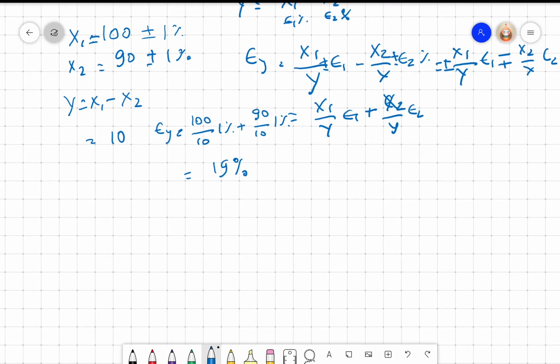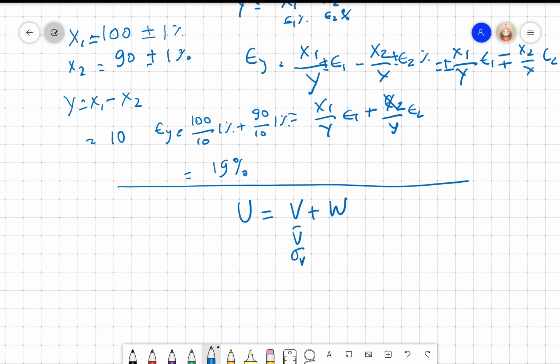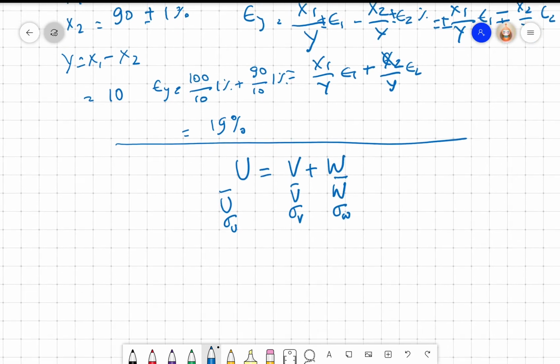right? Now, if we say that u is equal to v plus w, where u, v, w are measured values with random errors, so this has v bar and sigma v, this has w bar and sigma w, right? Then what will happen to u bar and sigma u? What will be the average value?